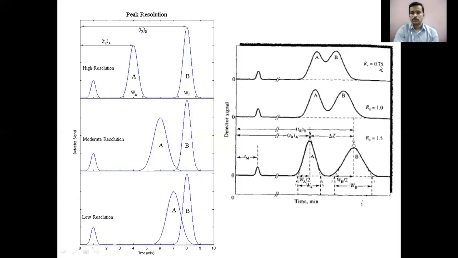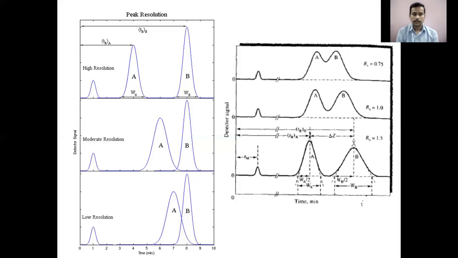So if you look at the values, because here the peak overlapping is more, resolution is less. Here the peak overlapping is slightly reduced when compared to here, so resolution has improved. And here the resolution is extensively increased to 1.5 from 1 or 0.75. Therefore, the resolution is a very important parameter which decides whether the column is suitable for the baseline resolution of a pair of solutes.